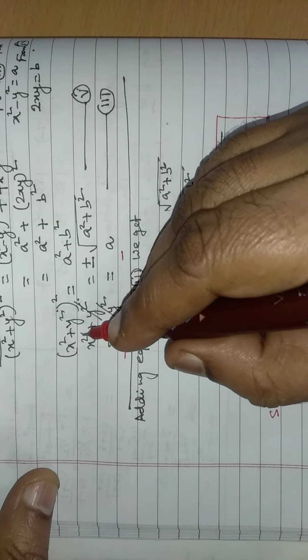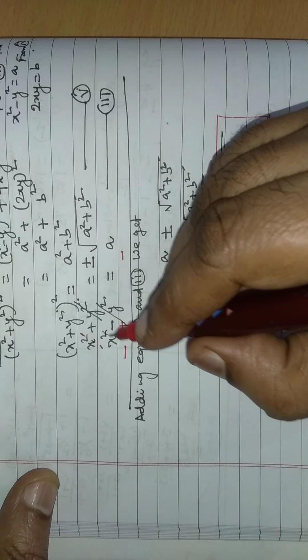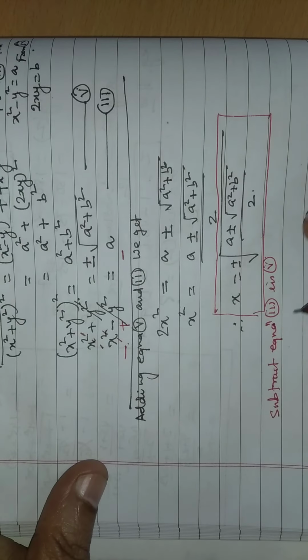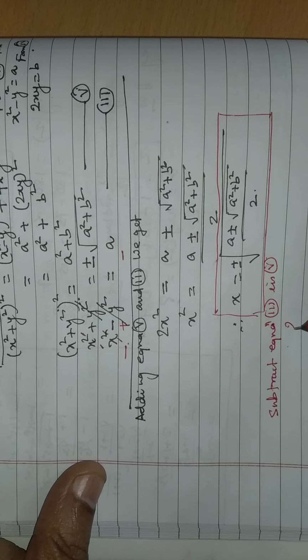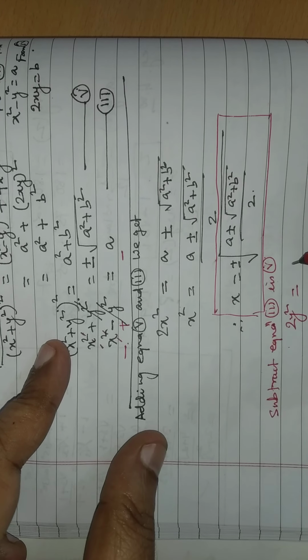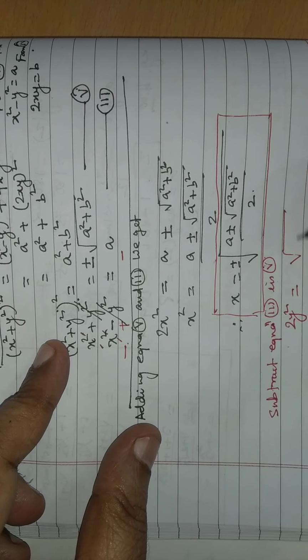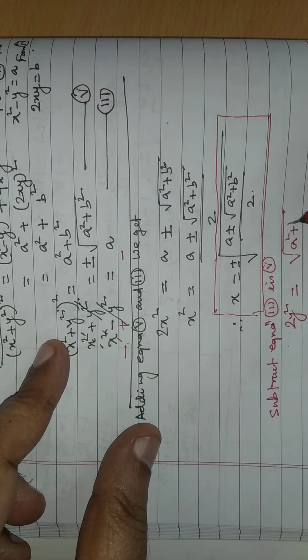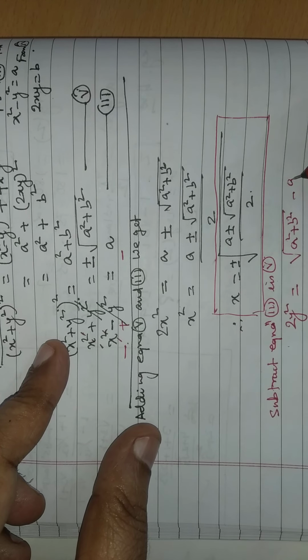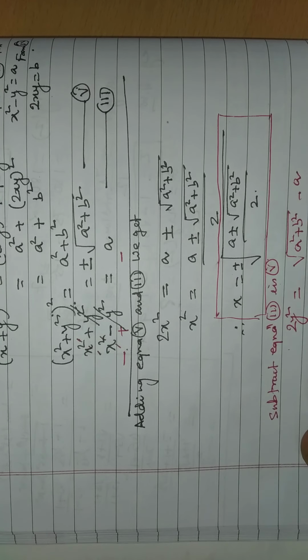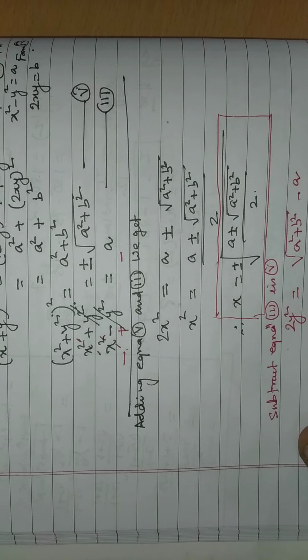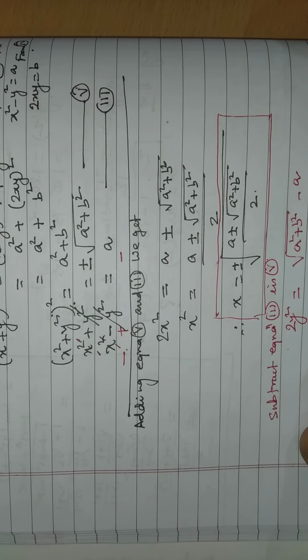In this way x square will cancel out, and we will get 2y square is equal to plus minus root under a square plus b square minus a. Here y square, in the next page I am doing this.